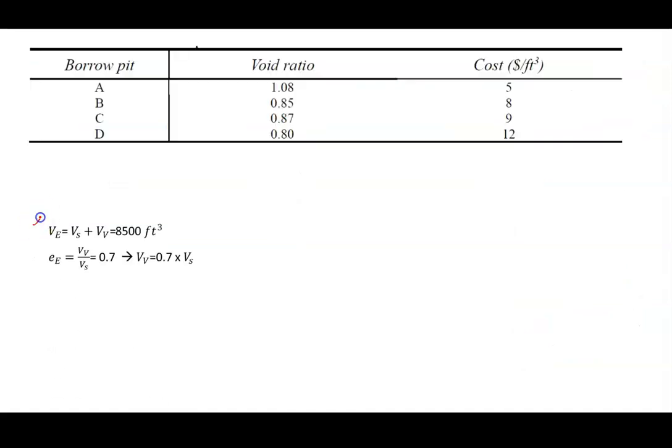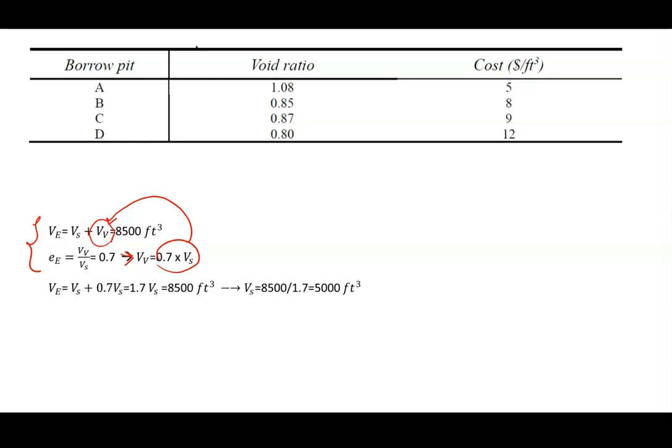So using these two formulas, again, the total volume of the embankment fill is 8,500, void ratio of 0.7. We rearrange this formula and calculate volume of void as 0.7 times volume of solids, and then use this to replace volume of void here.